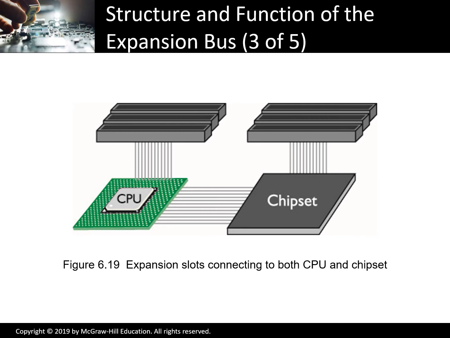The newer video cards, the PCIe 16X, connect directly to the CPU, gives it the fastest speed, and that's important for your RAM, and it's important for your video. Also, the chipsets connect directly into it.